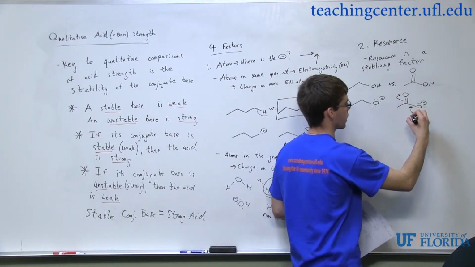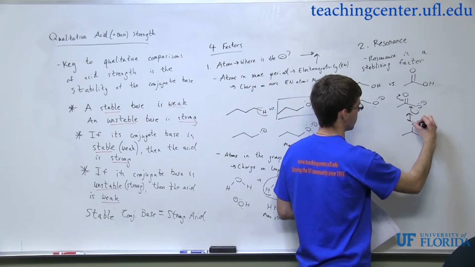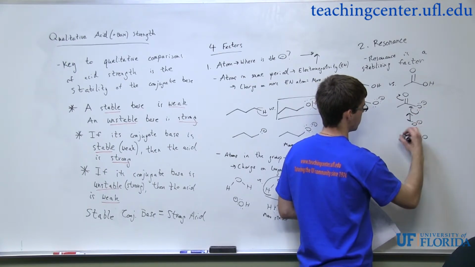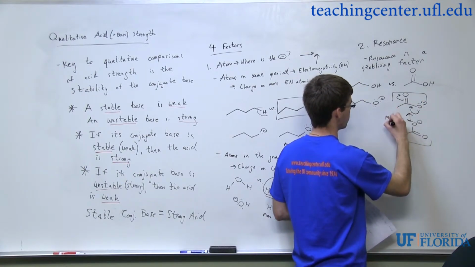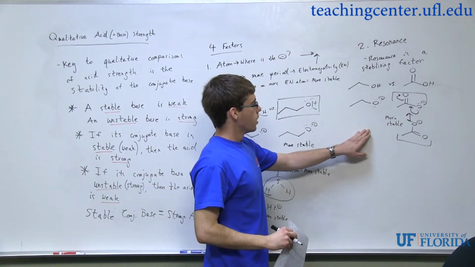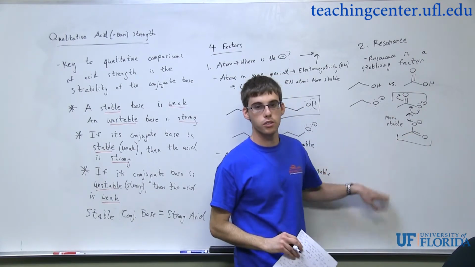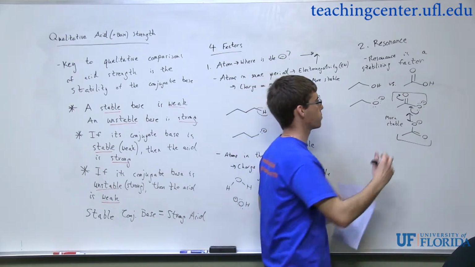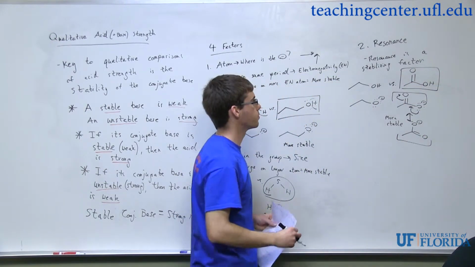So I'm just going to move those electrons. So this guy is more stable because he has the resonance. So, more stable conjugate base, weaker base, stronger acid. Okay?